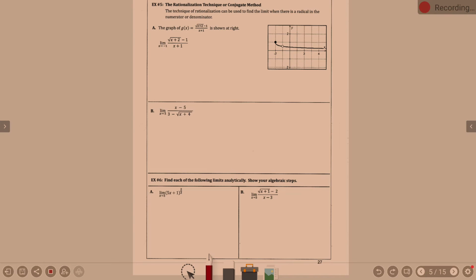So when we talk about rationalization or conjugates, wherever your radical is, we're going to multiply by the conjugate of that entire numerator or denominator. So the conjugate of my numerator here, the conjugate of square root of x plus 2 minus 1, is going to be, do you know?